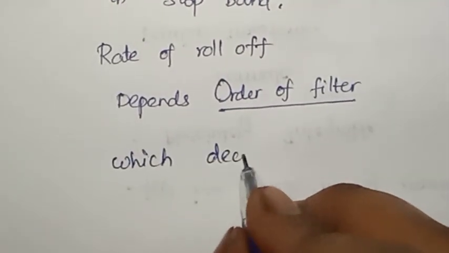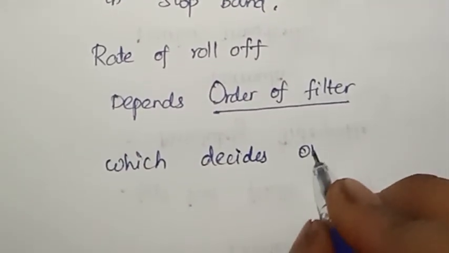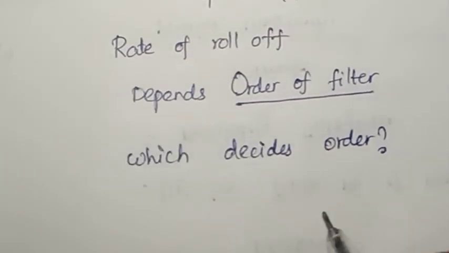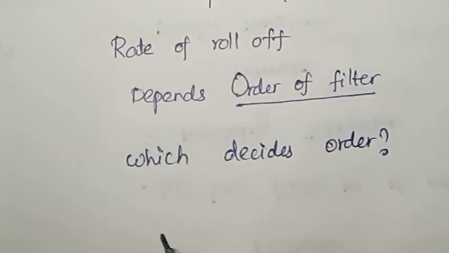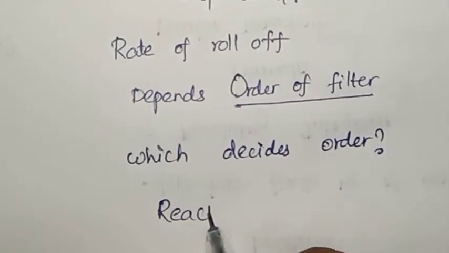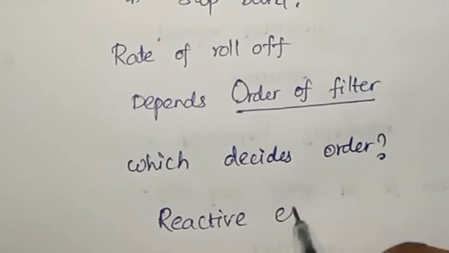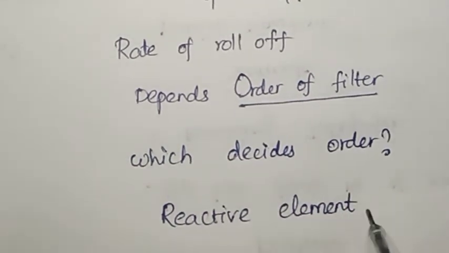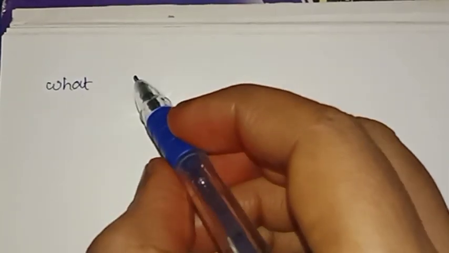Next, which decides order? We all know the reactive elements. What are the reactive elements we know?